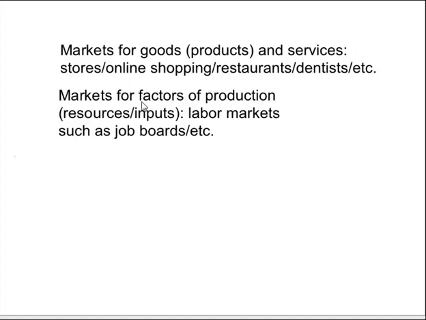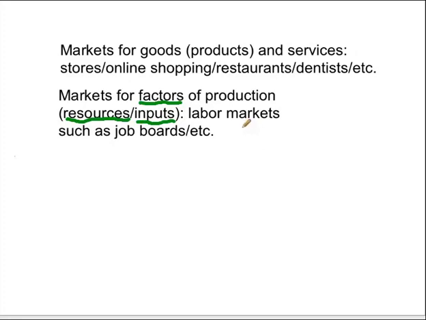So factors are the same as resources and are the same as inputs. So if I say factors, if I say resources, if I say inputs, you think the same thing.